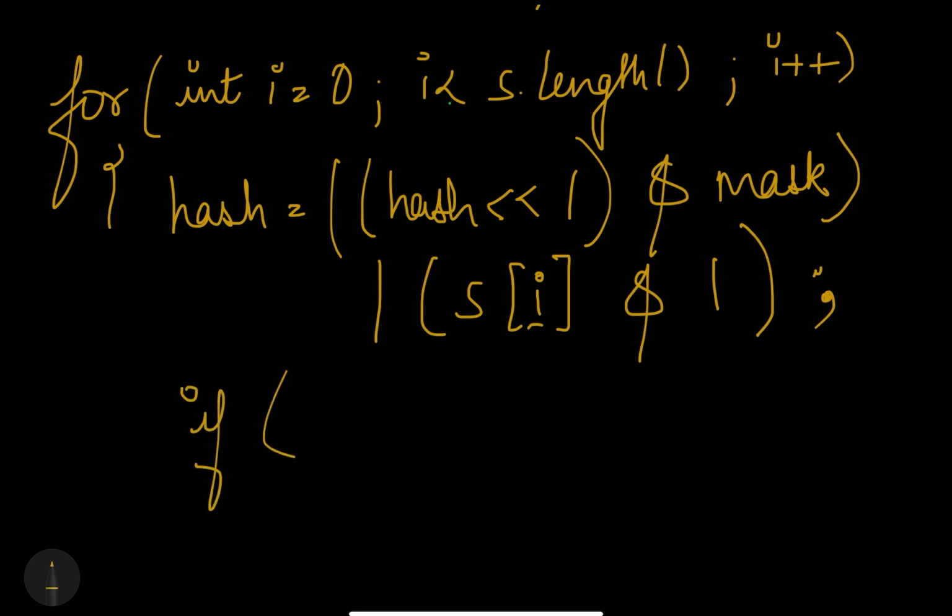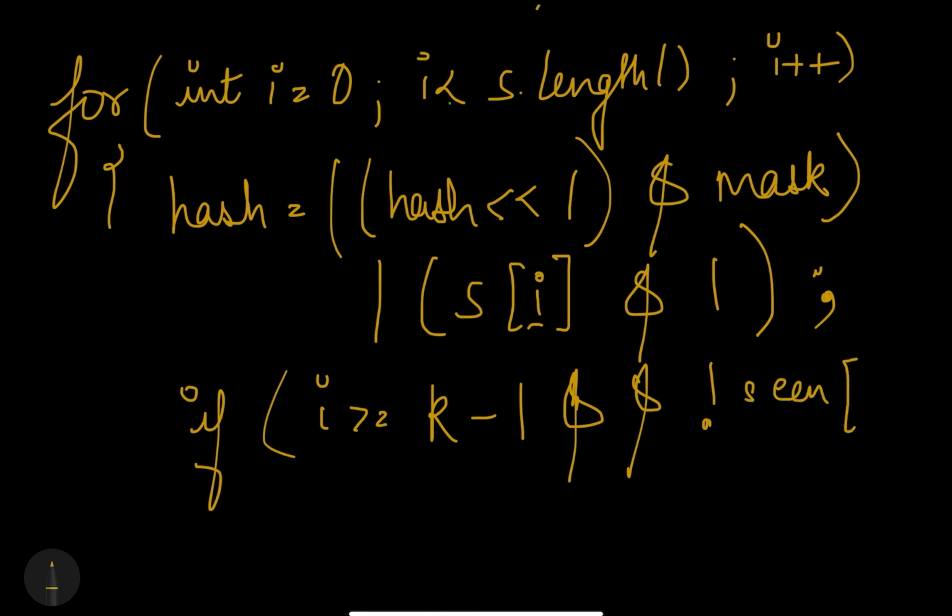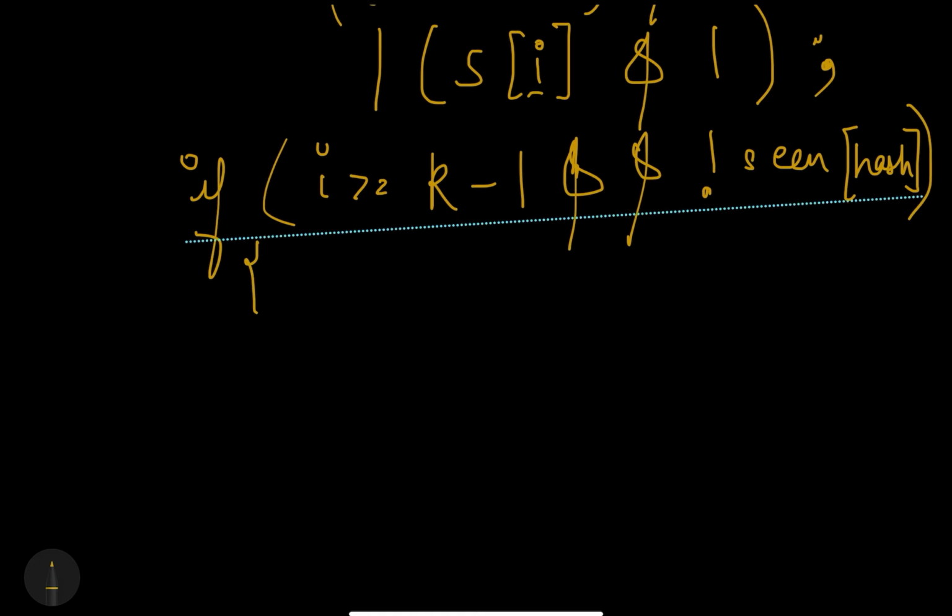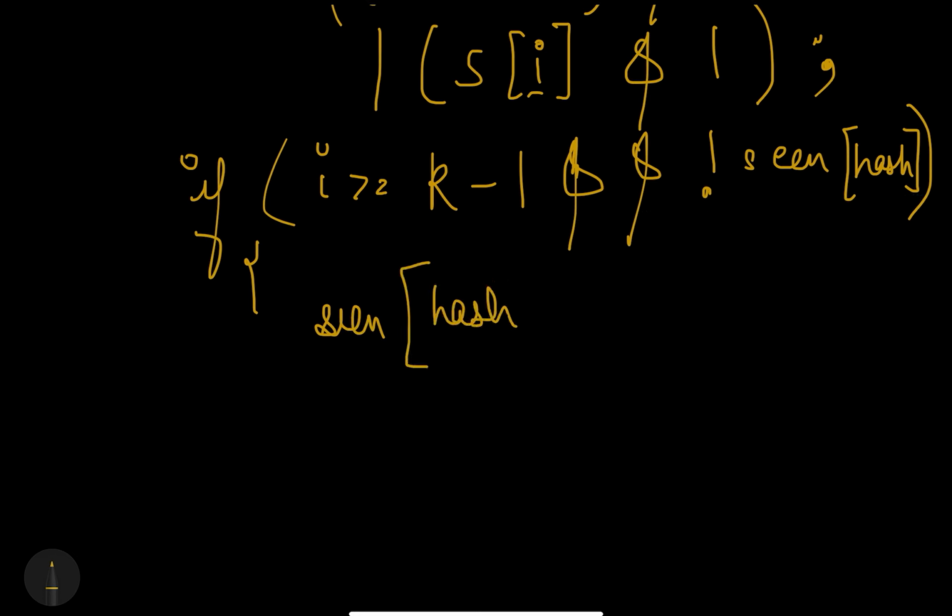Now we'll check only if i is greater than or equal to k minus 1, because only then we'll consider that length. And it should not be present in our seen bitset. Then what we'll do, we'll update that position with 1.